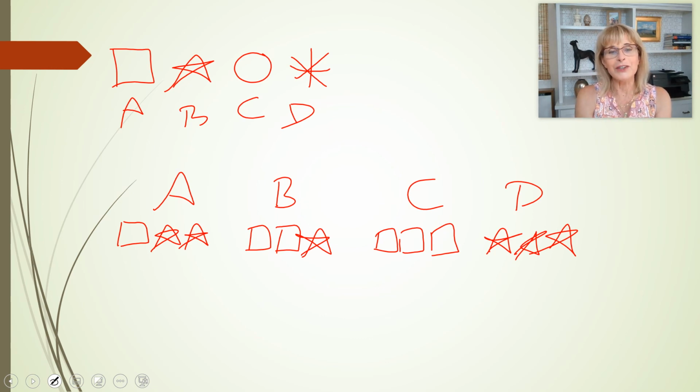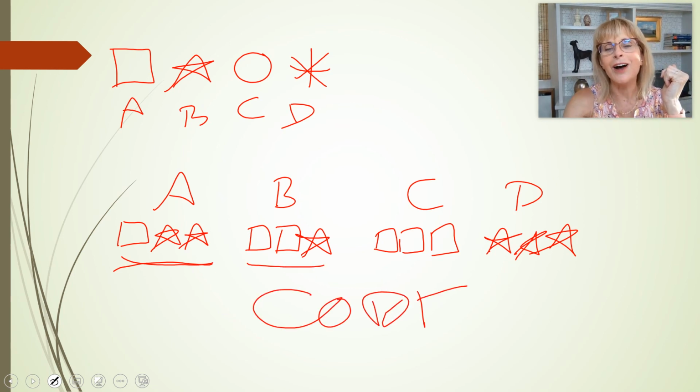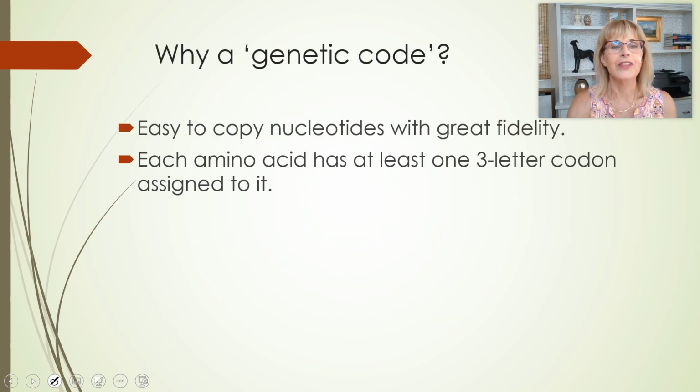What I'm trying to explain to you here is that you would have to create a code. When we talk about the genetic code in life, we're not talking about it poetically. We're talking about it literally. There is a literal genetic code, and it took us a while to figure it out.